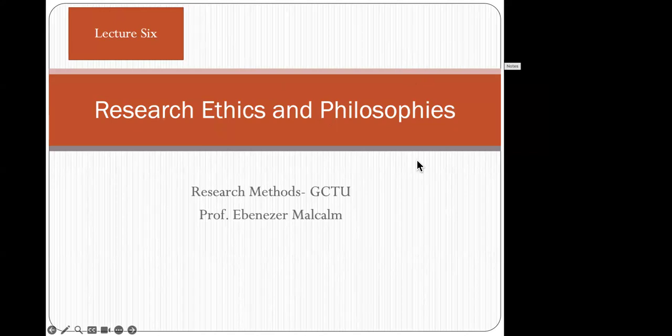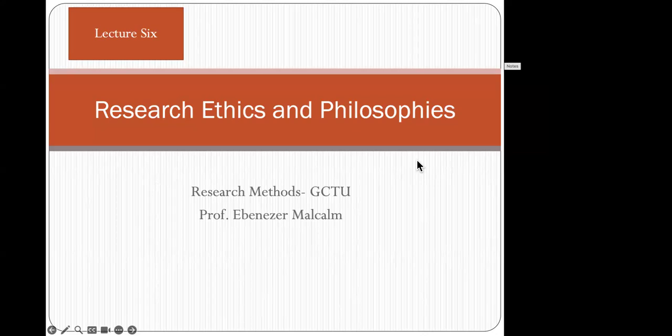We want to look at research ethics and philosophies. Research is grounded on certain philosophies, or in layman's terms, certain assumptions. Those assumptions are what actually precede research, so we call them research philosophies.